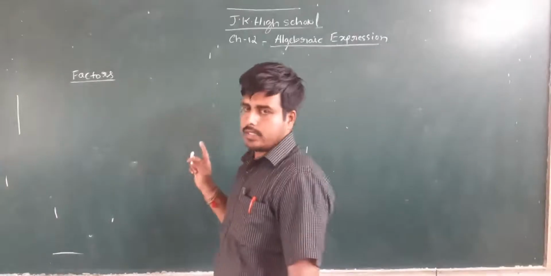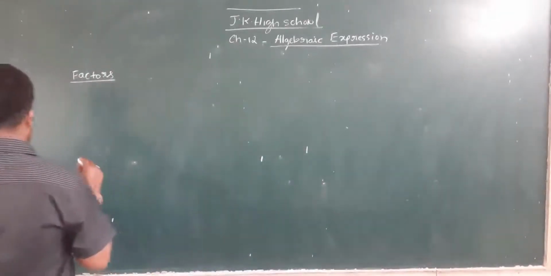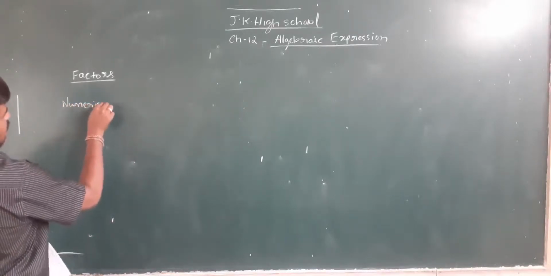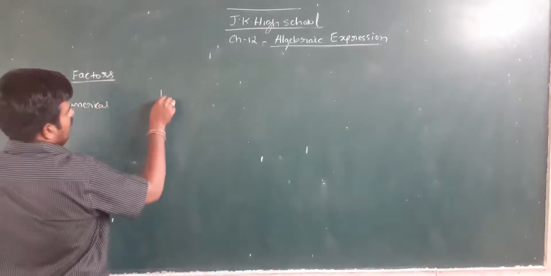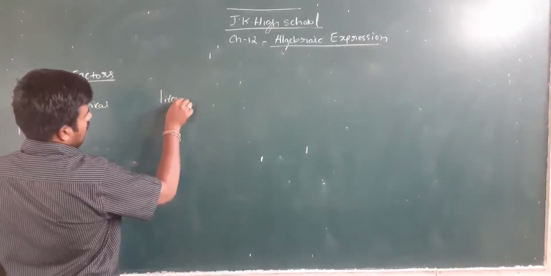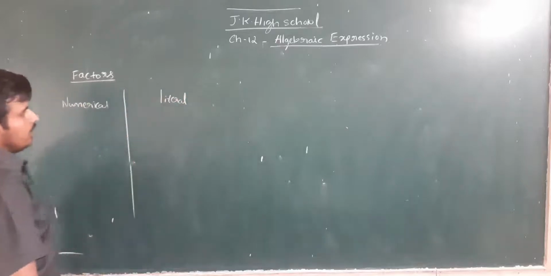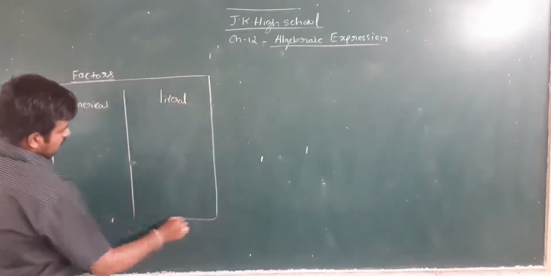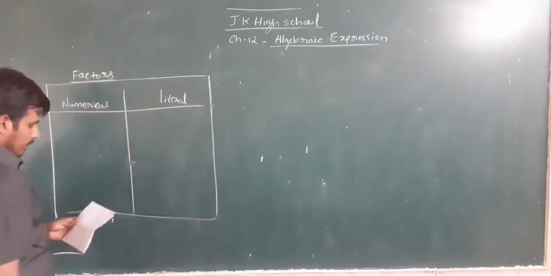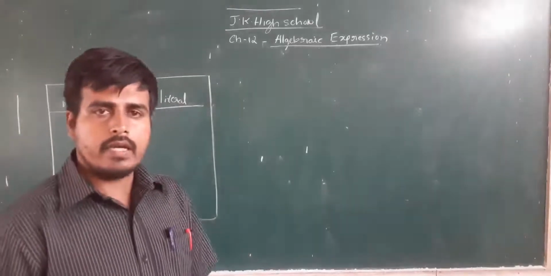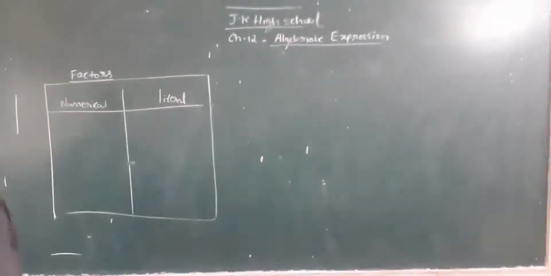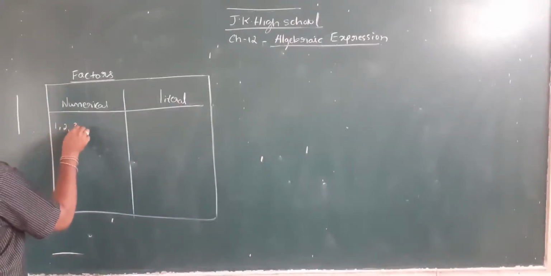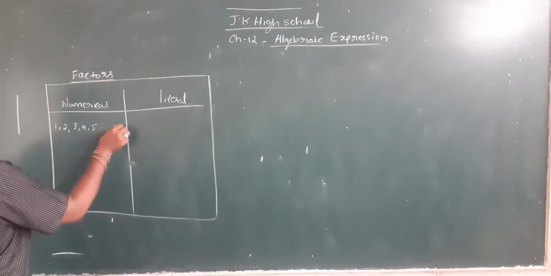Likewise, the factors are quite different here. Here I will make two columns. One is numerical. Another one is literal or letter. So in numerical, factors are covered from, you can say, positive numbers 1, 2, 3, 4, 5 up to infinity.